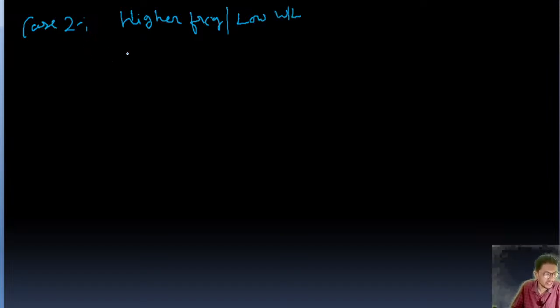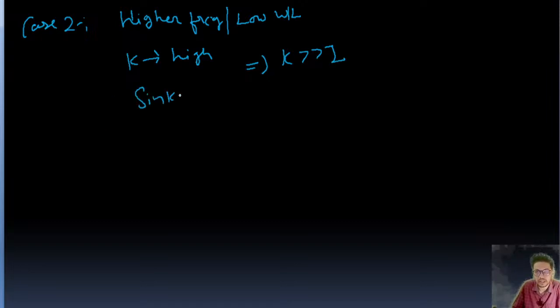In this case, k is high, right? k is very large, and it means sin ka by 2 is going to be equal to 1, because the maximum value of sine is 1. That's why sin ka by 2 is almost equal to 1.